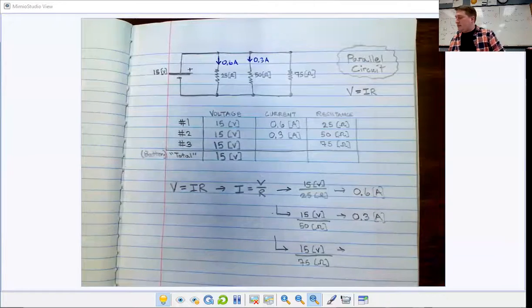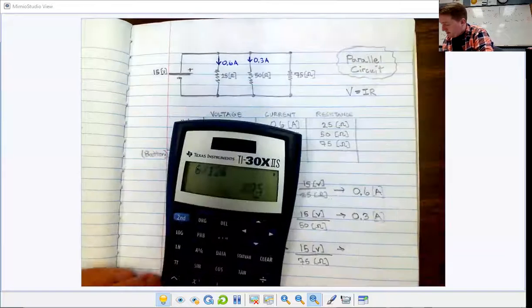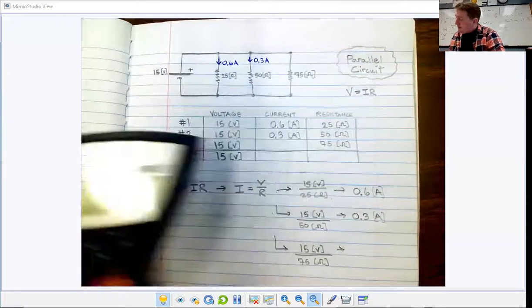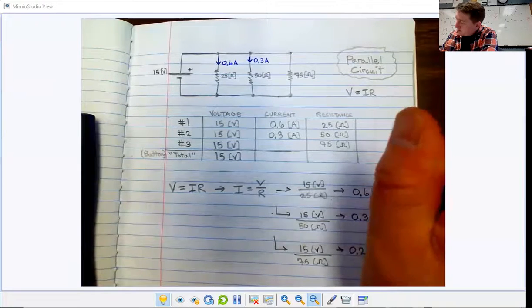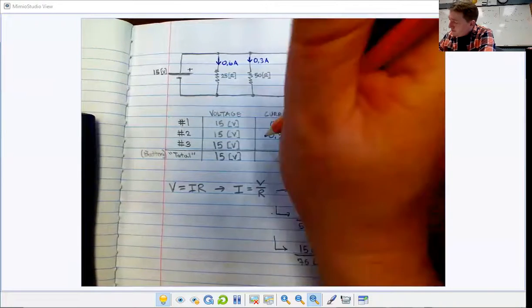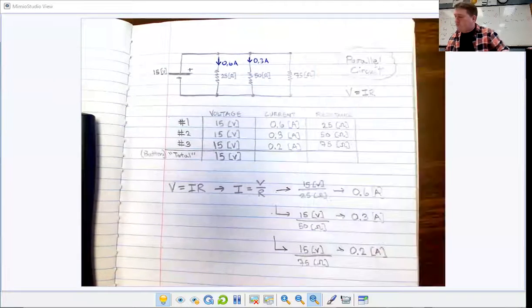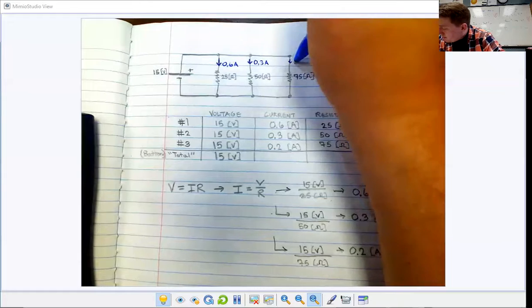Okay, plugging that into a calculator, we have 15 divided by 75, and we get 0.2. Yep, my prediction was correct. It's a current 3 times smaller than the first path. So I have even less current going down this pathway.